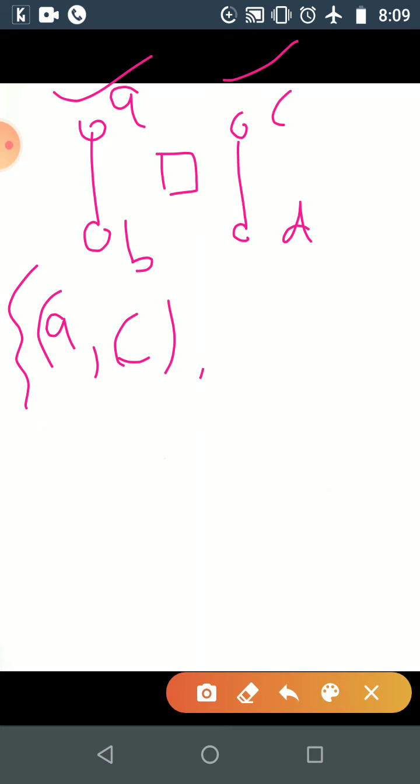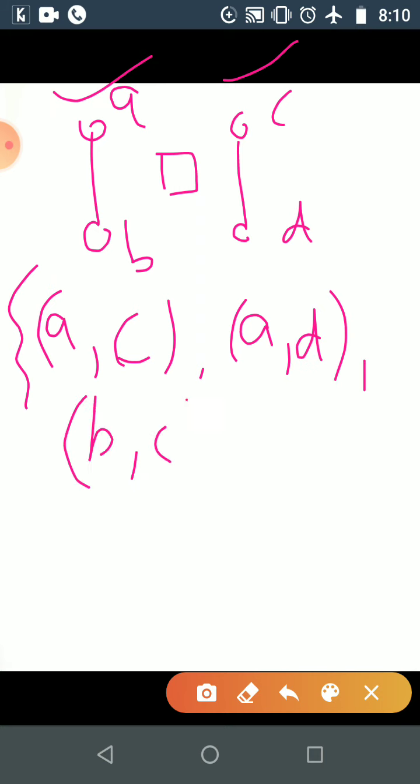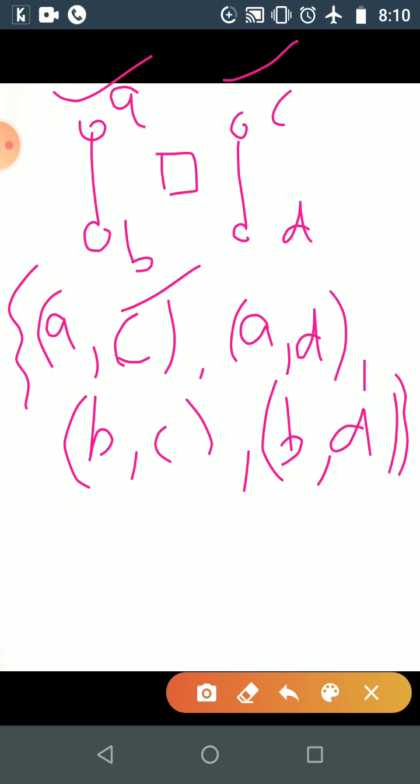This is the vertex set of this Cartesian product, correct? So here A with D, then come to B, B with C it will be, and B with D. Okay, so means to say 4 vertices will be there.